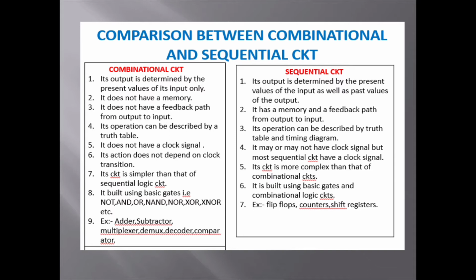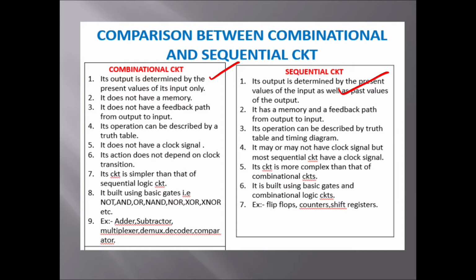Now we are going to talk about the comparison between combinational and sequential circuits. In a combinational circuit, output is determined by the present input only. And in a sequential circuit, output is determined by present values of input as well as past values of output.